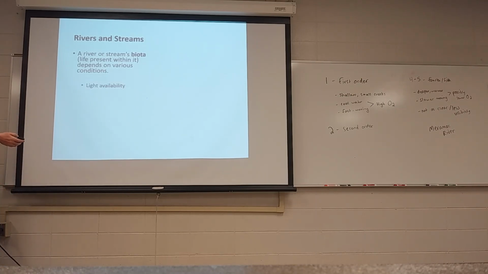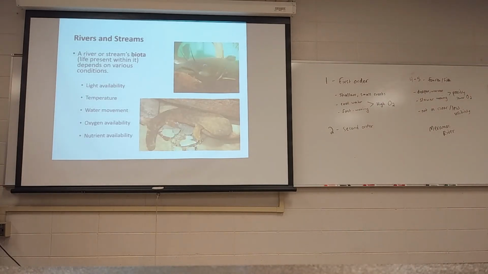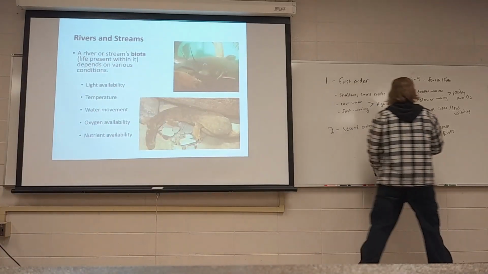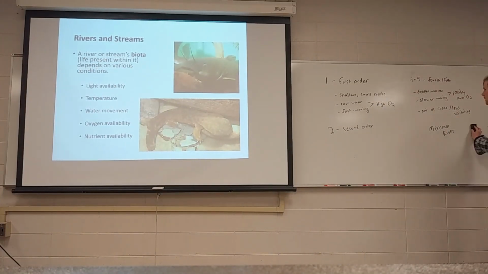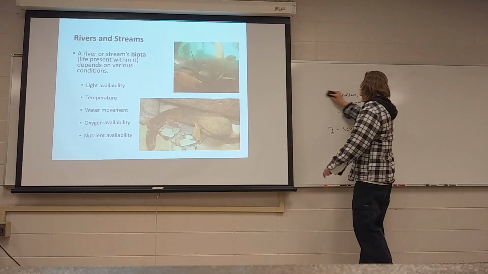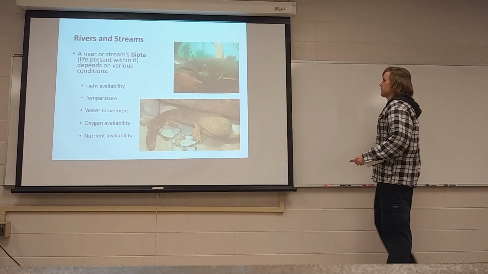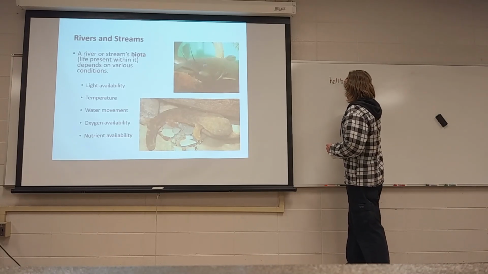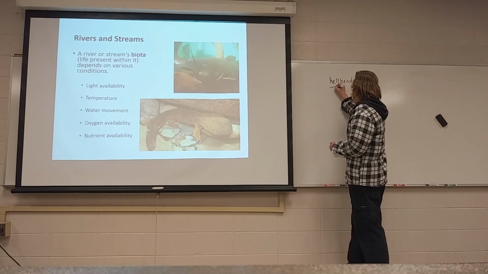So let's compare and contrast a couple of species here to really give you an idea of how this would work. The creature on the bottom is called a hellbender. It's a type of salamander.